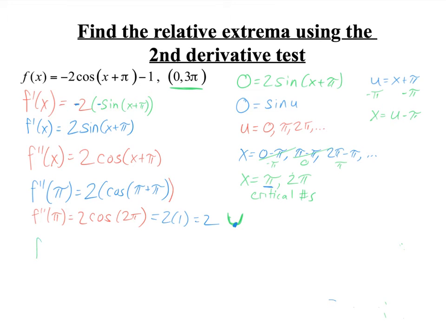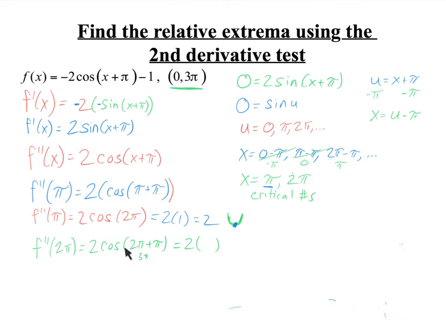Now let's find f double prime of 2 pi. Let's see what we get here: 2 cosine of 2 pi plus pi. Won't that become a 3 pi right there? So it's 2 times cosine 3 pi. What is cosine 3 pi?